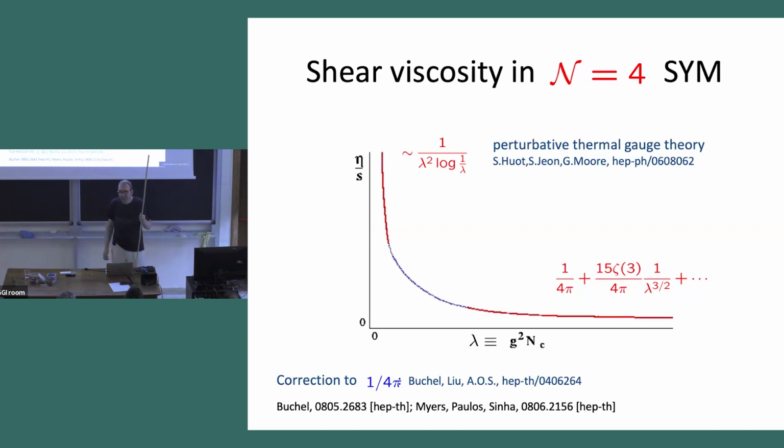I remember some years ago I tried to extract from Guy Moore a very simple answer. Take lambda phi to the 4 theory. I want to see the T mu correlator in the complex frequency plane. What is the analytic structure for lambda phi to the 4? And he resisted for about a year, and he wrote a paper with some analysis of what really happens, and it's pretty complicated.